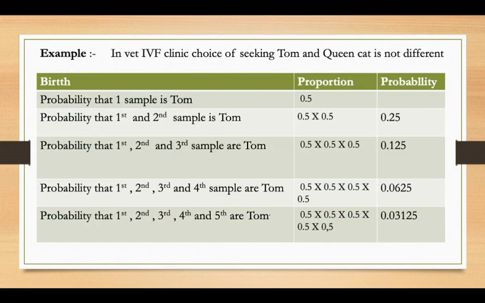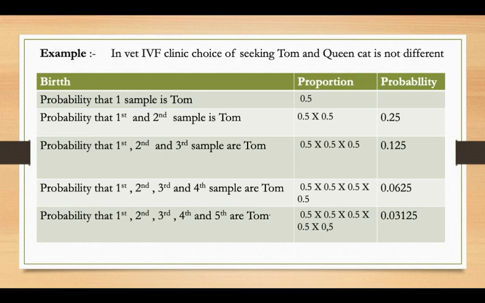So similarly, let's say in a veterinary in vitro fertilization clinic, the choice of seeking Tom and Queen cat is not different, because we are already saying that the probability of one sample to be male is 0.5, and then the probability of first and second sample both being male is 0.5 times 0.5, which is equal to 0.25.